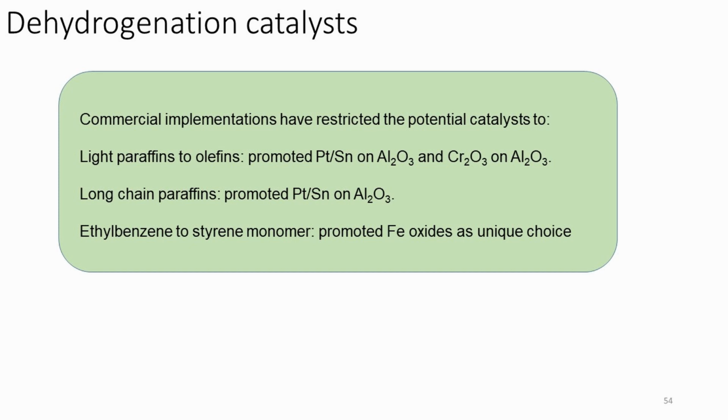Platinum represents the metal that has been extensively studied, and various metal oxides have been successfully tested, with chromium oxide being the most used example due to its industrial use. Furthermore, promising results have been obtained using gallium, indium, vanadium, zinc, and molybdenum oxides.